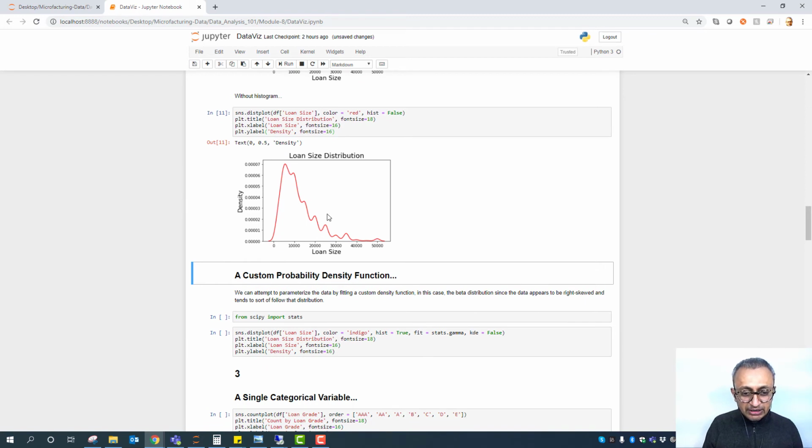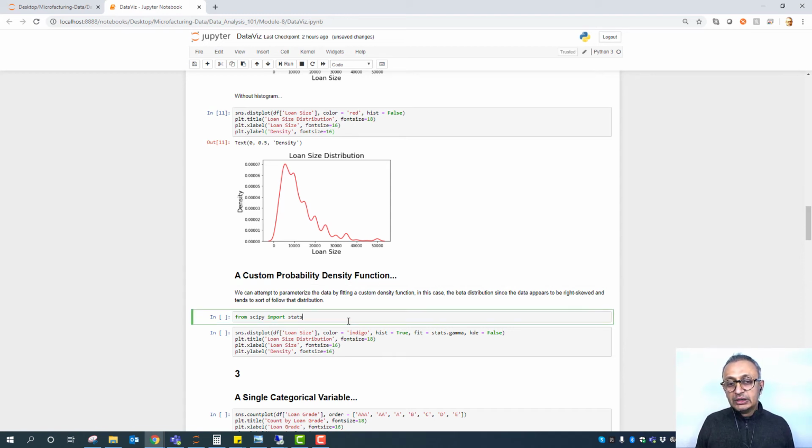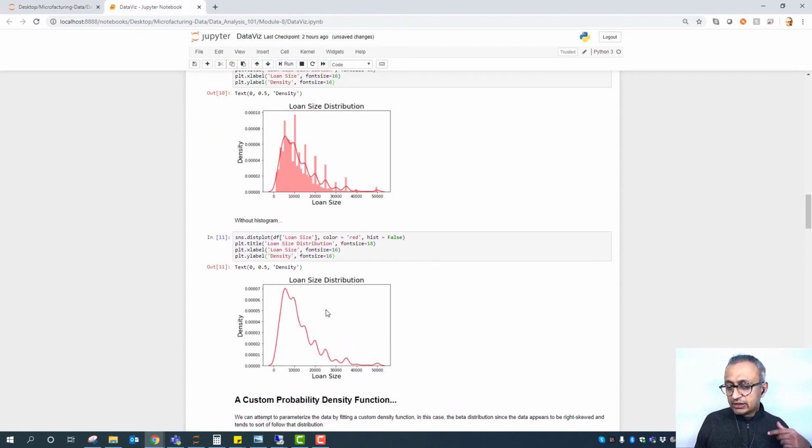Now you can look at this shape and say, it looks like a certain distribution I have seen. There is something called parametric and non-parametric distribution. I don't want to get too much into that. A parametric distribution would be one where, if I give you a mean and a standard deviation, you can create the distribution from just those two numbers.